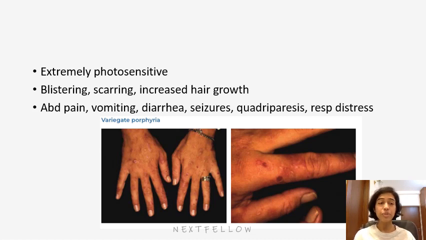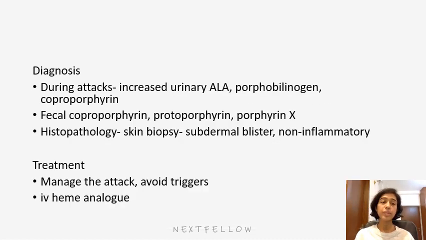Other episodes, of course, of abdominal pain, vomiting, diarrhea, constipation also, seizures, quadriparesis, and even respiratory distress and electrolyte imbalance. So you diagnose during the attack. It's diagnosed by increased urinary ALA, porphobilinogen, and coproporphyrin.